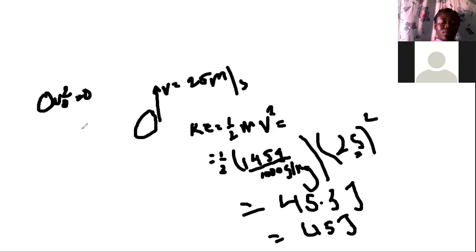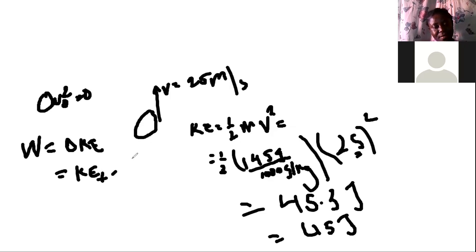Therefore from our work energy theorem, the work done is equal to the change in kinetic energy: the kinetic energy final minus the kinetic energy initial equals the work done on that object.